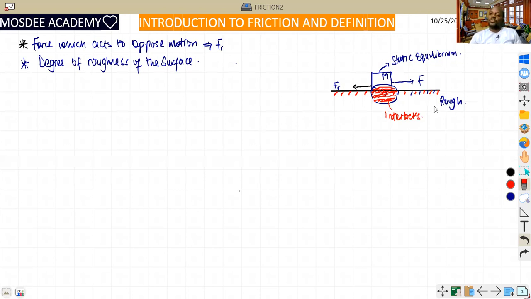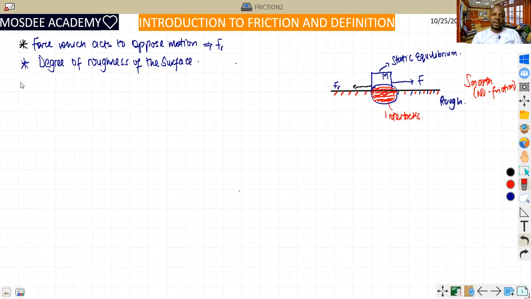By and large, when a surface is rough, friction is going to be high. In the other case, when you have a smooth surface, which is another important thing, I want to make this video very short because we need to focus on the important things. When the surface of a body is smooth, we can conclude that there is no friction, because the interlocks will be broken, and when the interlocks are broken, friction is less.